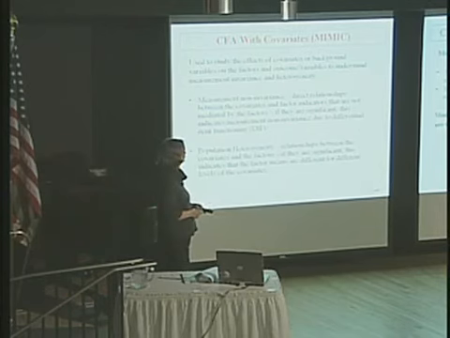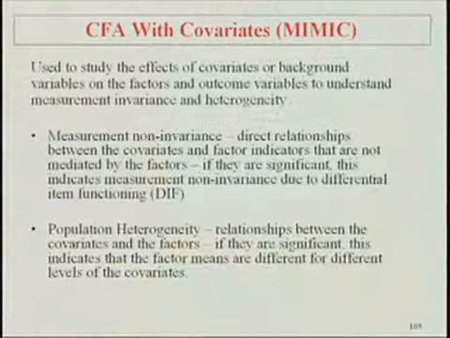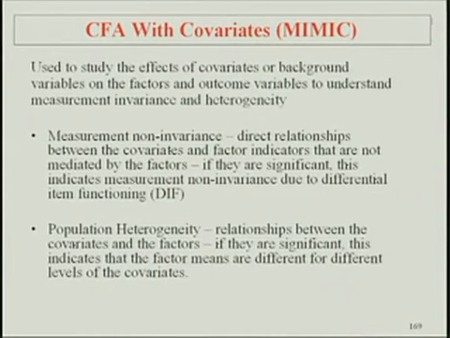So basically, the CFA with covariates studies the effect of covariates, or background variables or independent variables, on the factors and outcome variables to better understand measurement invariance and population heterogeneity. And as Bengt mentioned, measurement invariance has to do with the measurement parameters.